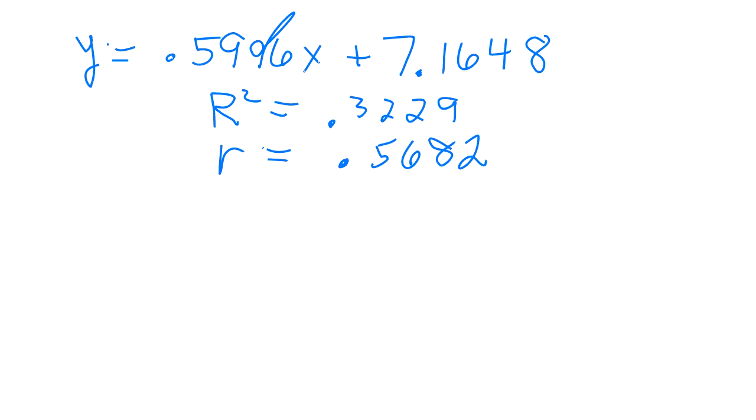Okay, so I'm going to type this so it's neater. The percentage of variance in the scores of quiz 2 associated with the variance in the scores of quiz 1.